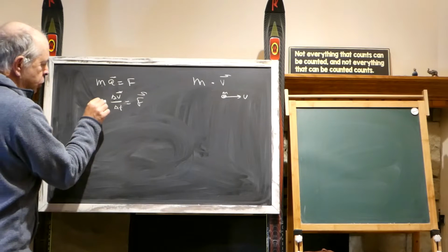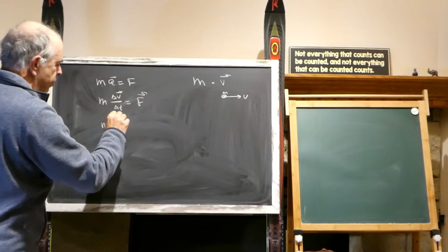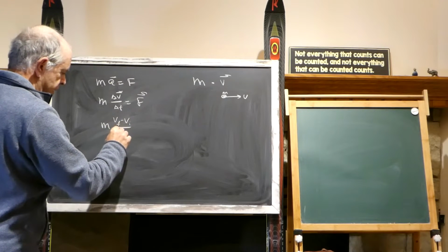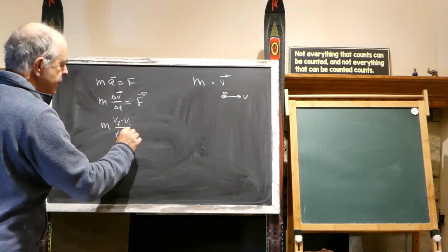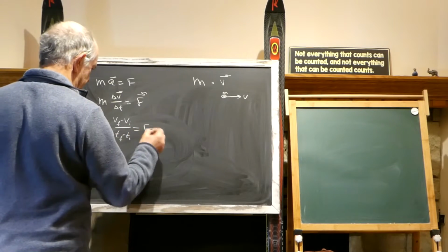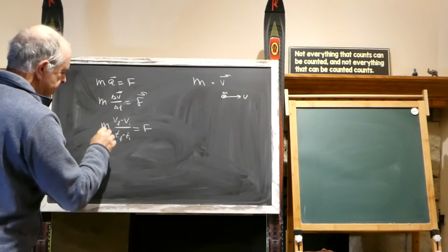But if we put m inside, because what is the change? The change is m times v final minus v initial, over t final minus t initial, and this time is very, very small, equals F. And let's forget about vectors.